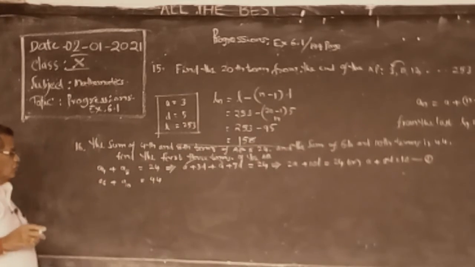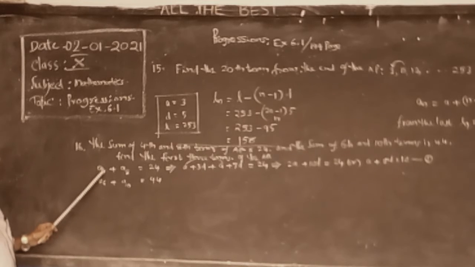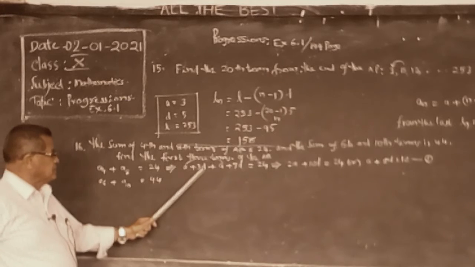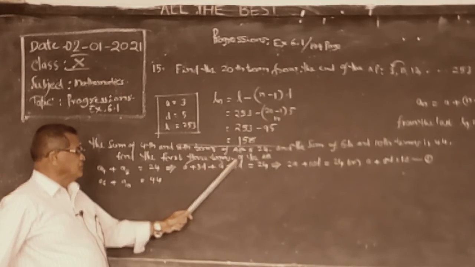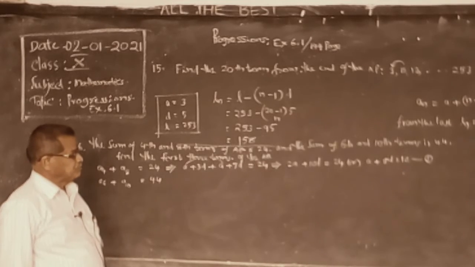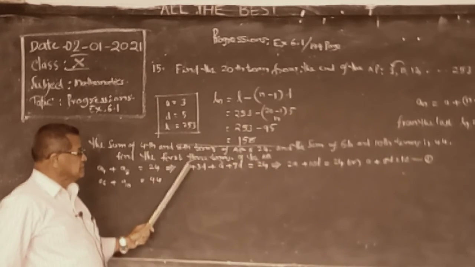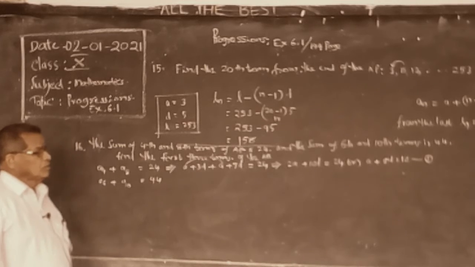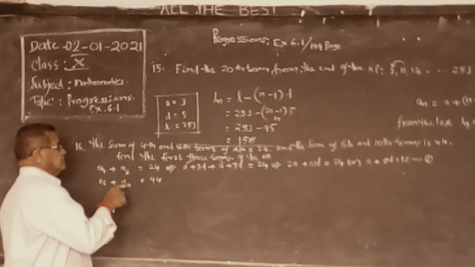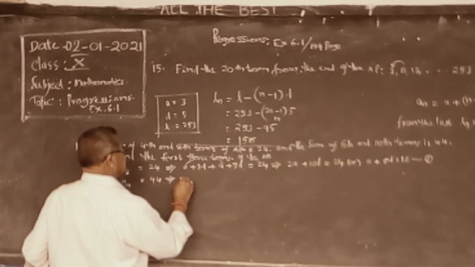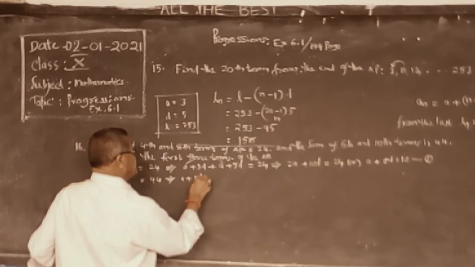Simplified once again. Sum of fourth term and eighth term: fourth term is A plus 3D, eighth term is A plus 7D. A plus A, 2A plus 10D is 24. Dividing both sides by 2, A plus 5D is equal to 12. First equation. Second equation, sixth term: 6 minus 1, 5D.